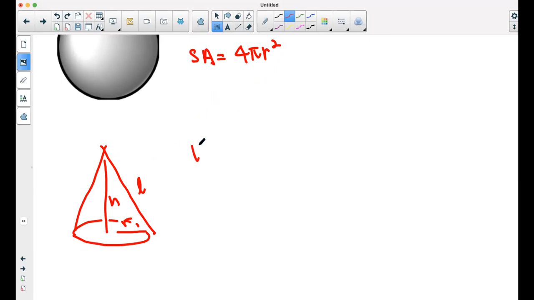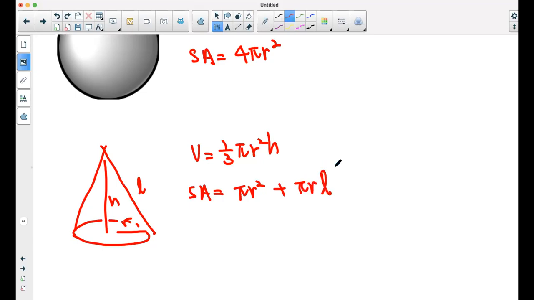You have to realize the volume is 1/3 pi r squared h, and surface area actually has two components, the lateral area and then the bottom. So the bottom is pi r squared, and the lateral area is pi r l. Okay, so those are the two formulas that you should know.